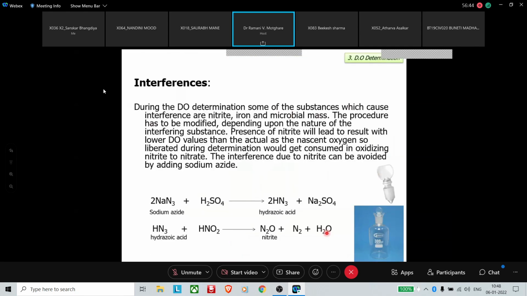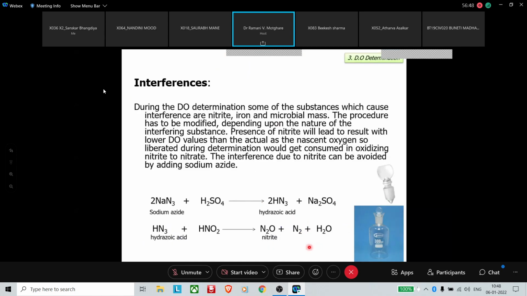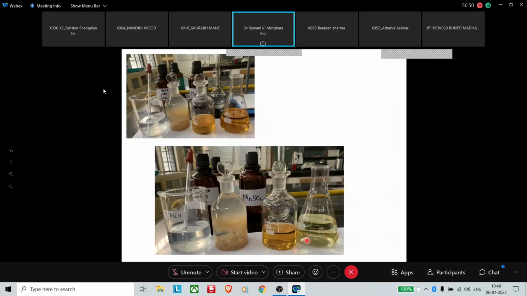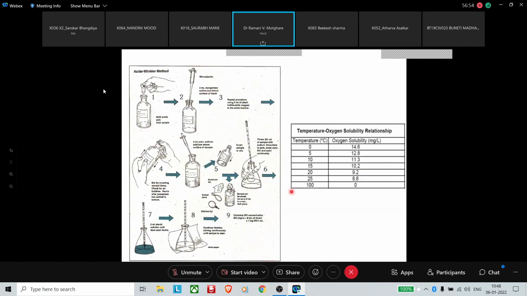Okay, so I think this was explained. I told you regarding the procedure, how it is done, what are the color changes. Initially, the tap water is collected in a bucket because we don't want air bubbles to be trapped inside.